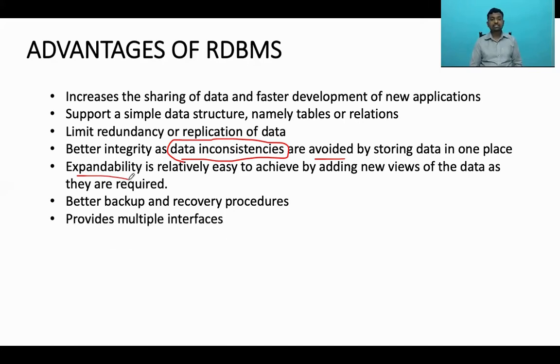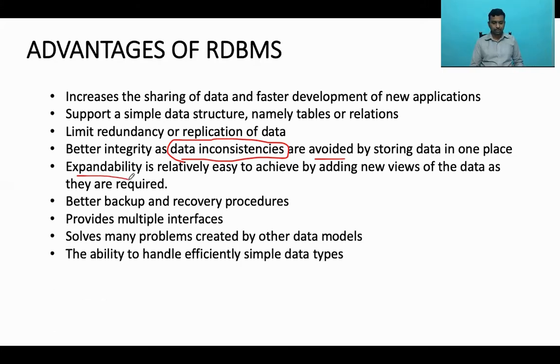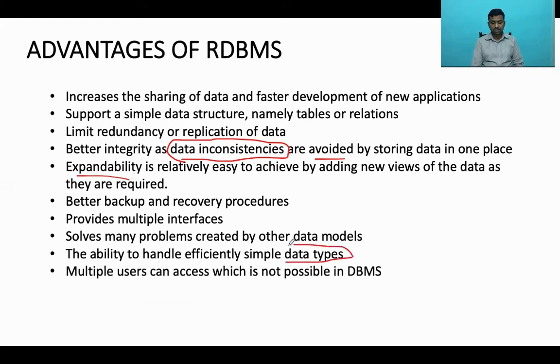Next, it provides multiple interfaces. RDBMS provides you multiple interfaces to do it. Next, it solves many problems created by the earlier database models. Whatever we have seen in those models, all the problems are solved here. Ability to handle simple data types efficiently.